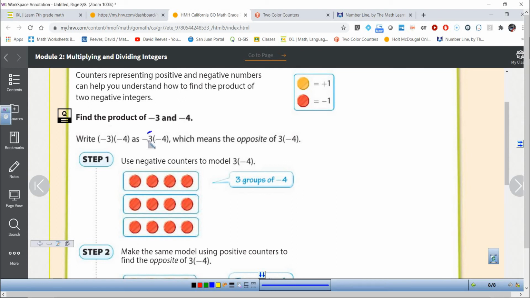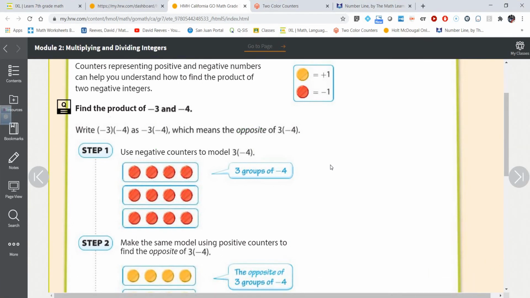What they're saying is take these two here, and multiply those together, and then take the opposite of that, okay? So the opposite of 3 times negative 4.